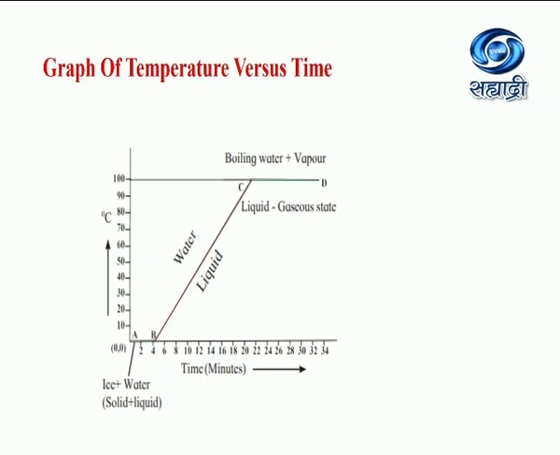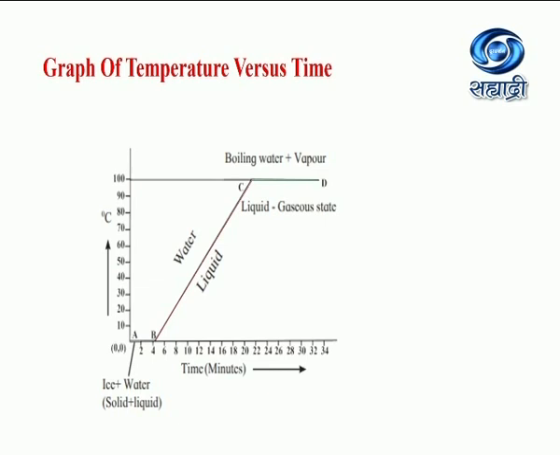Thus, in general, heat energy absorbed at constant temperature during transformation of solid into liquid is called latent heat of fusion. If we continue heating even after conversion of all ice into water, temperature of water starts rising and reaches 100 degrees Celsius.